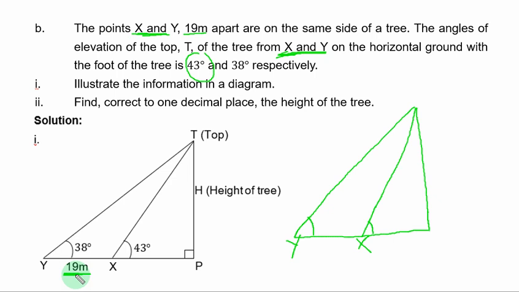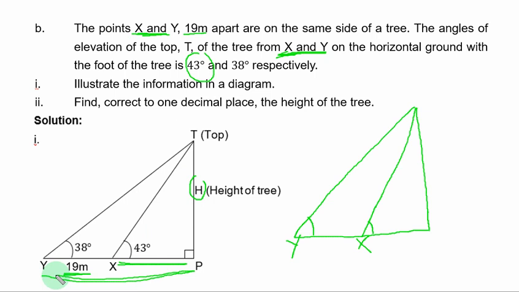Then you are asked to find the height of the tree. Now let's explain that. To get the height of the tree, it is possible to use triangle TPS, but you don't know this length. You can't do that. If you look at triangle TPY, the whole of this length is needed and is unknown.